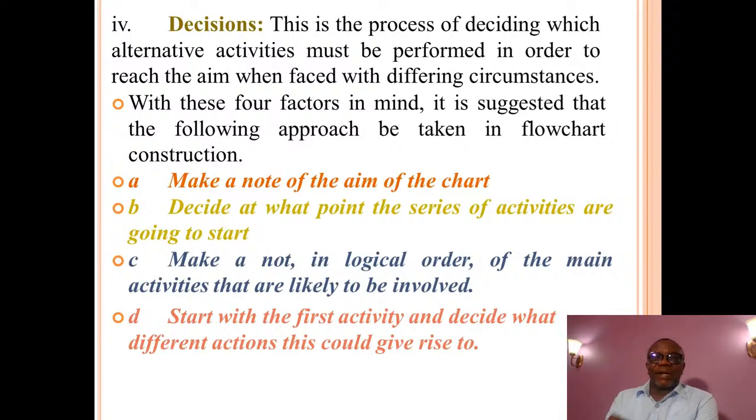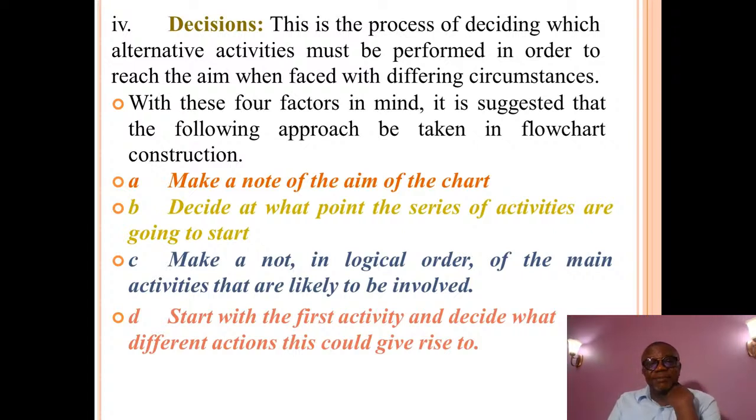With these four factors in mind, it is suggested that the following approach be taken in flowchart construction. A, you make a note of the aim of the chart. B, you must decide at what point the series of activities are going to start. C, you must make a note in logical order of the main activities that are likely to be involved.